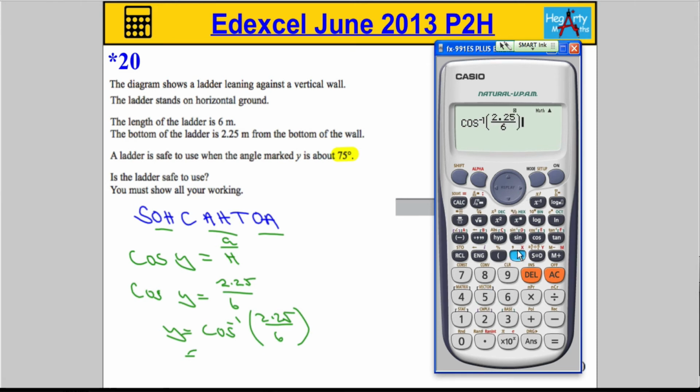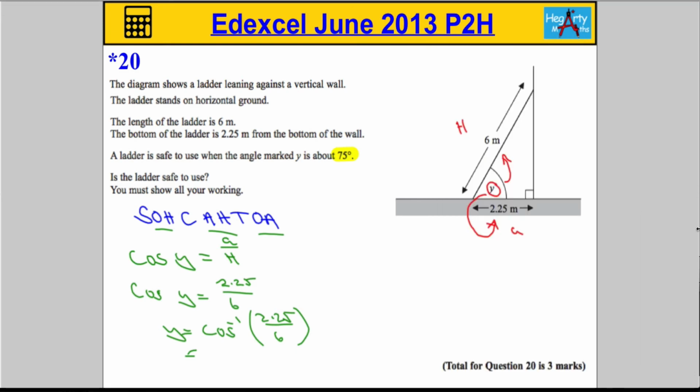Come back outside, close off that bracket to wrap it up, hit equals, we get 67.9756, etc., etc. Let's just round it to the nearest degree. We get 68 degrees. So I'm going to say that's approximately 68 degrees.